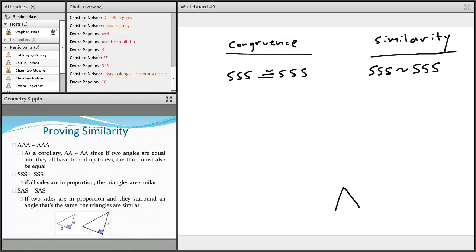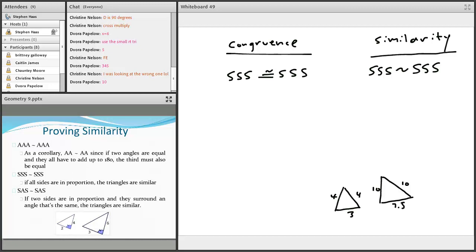So if I have two triangles, and I say, for example, this is 4, and this is 3, and this is 4 also, and this is 10, and that's 10, and that's 7.5.